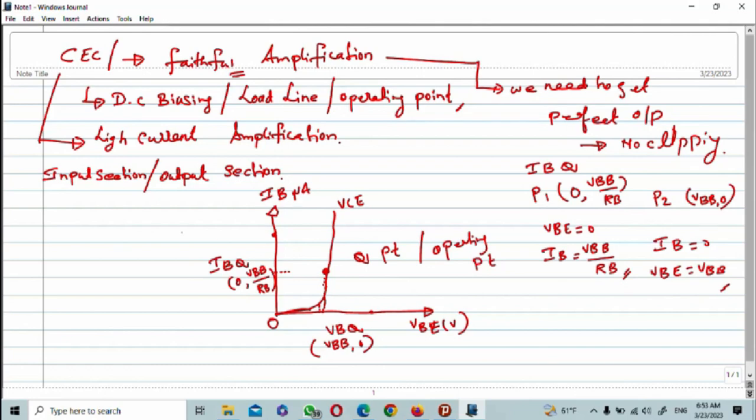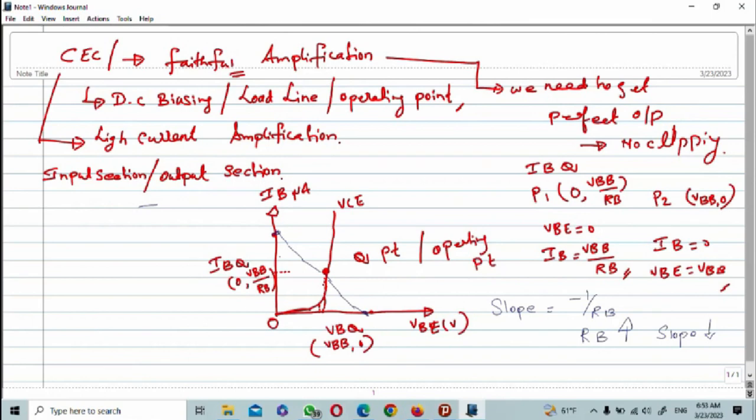I am going to draw this operating point like this. From this we get one operating point. This slope is minus 1 by RB. If RB is increased, the slope is going to decrease.